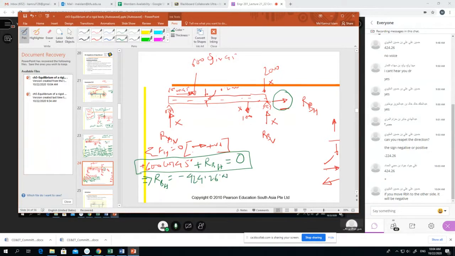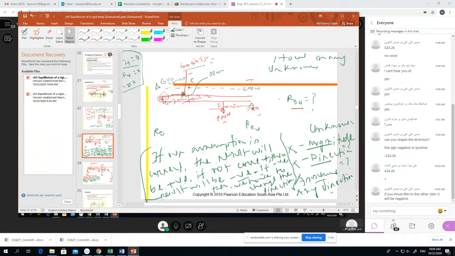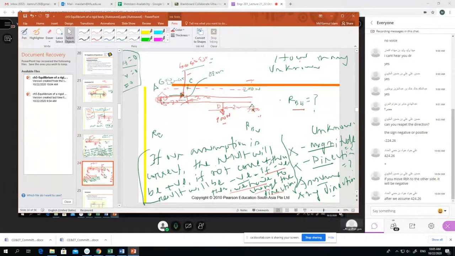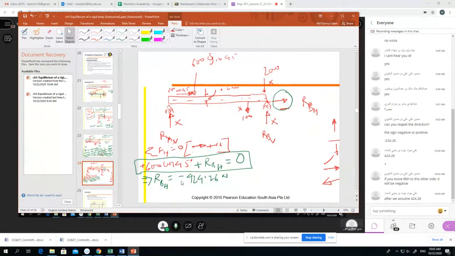Minus 424.26 Newton, right? Now remember what I wrote down: if the result is negative, we have to change the direction. That means we need to change the direction.